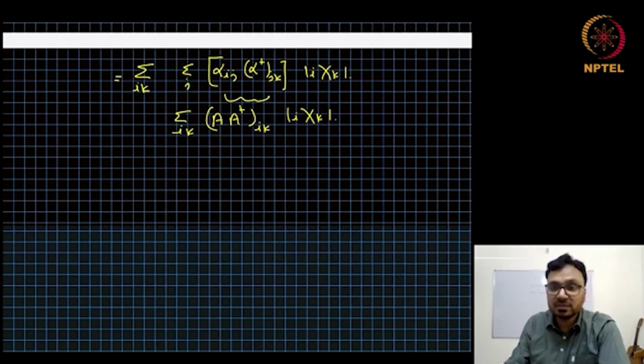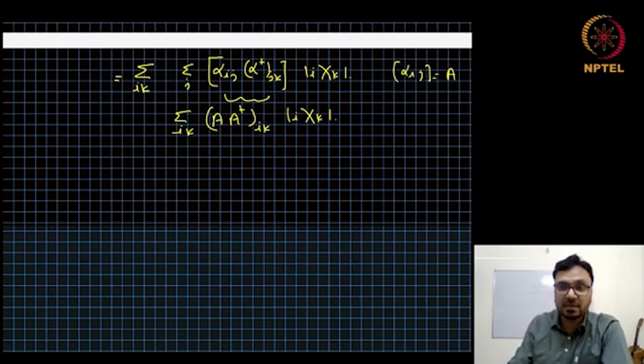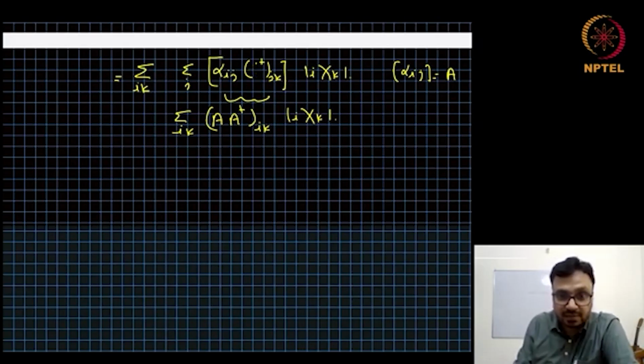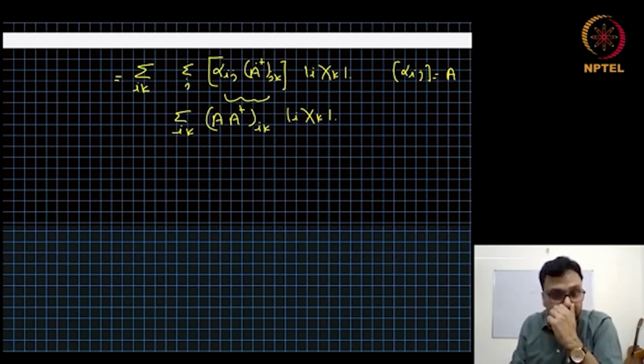So what we have assumed is that alpha_ij is an element of a matrix A. So we have alpha_ij and A dagger_jk, and the sum over j is the same as the element ik of A times A dagger.